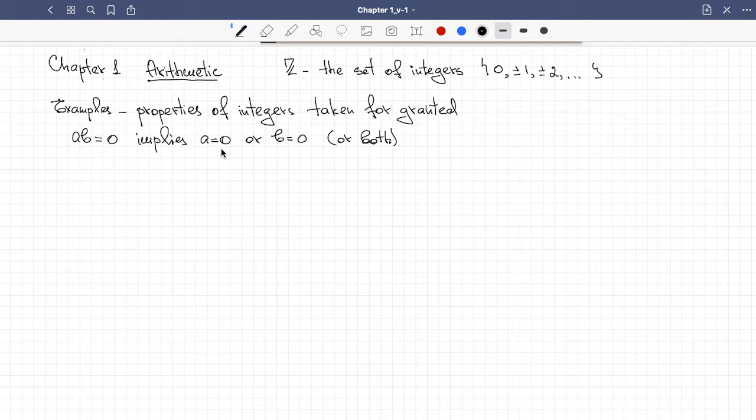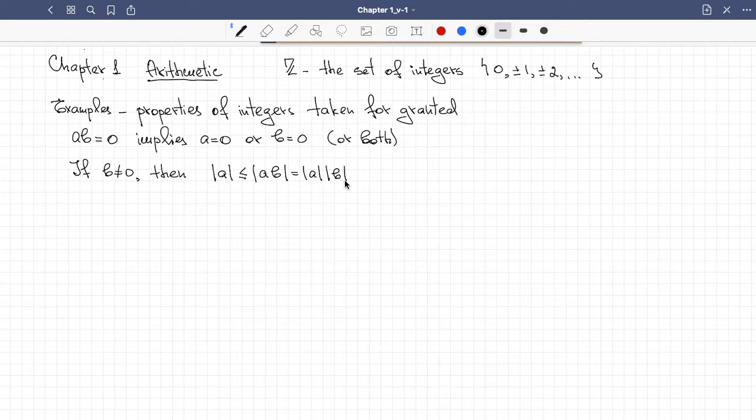Another one, also taken for granted, is if an integer b is not 0, then the absolute value of a is smaller or equal, never exceeds, the absolute value of ab. This is the same thing as the absolute value of a times the absolute value of b.